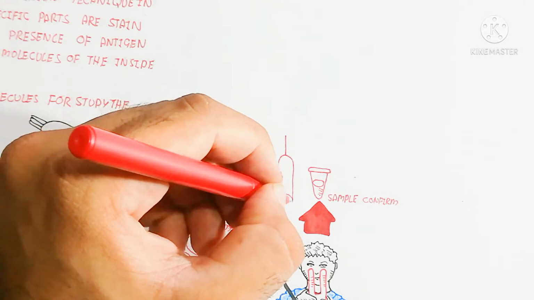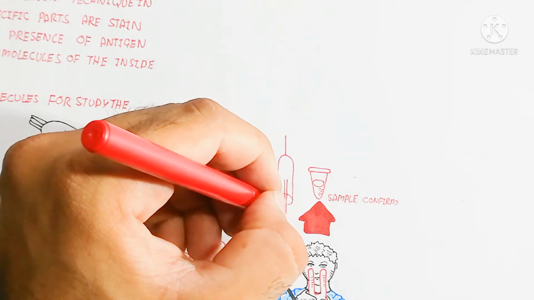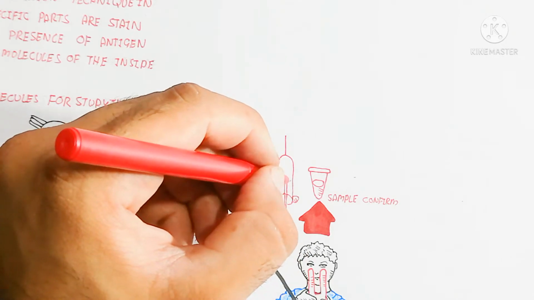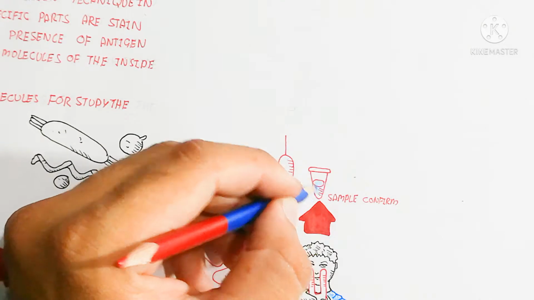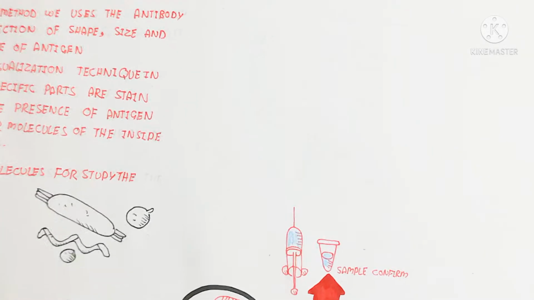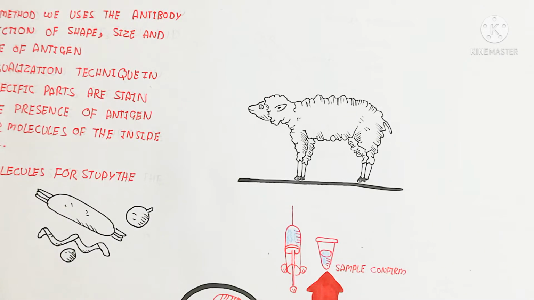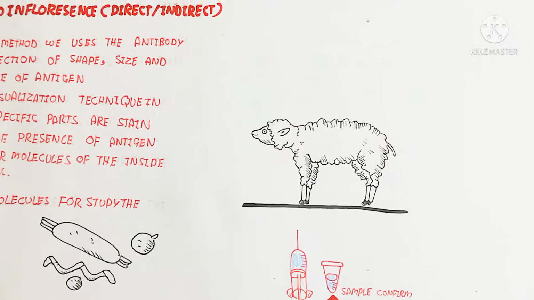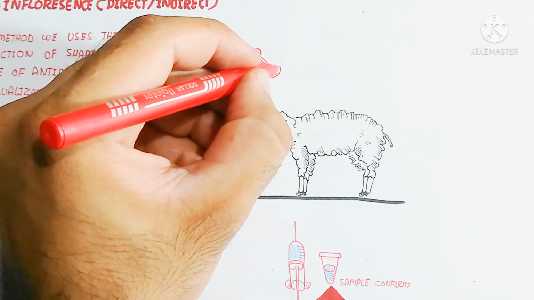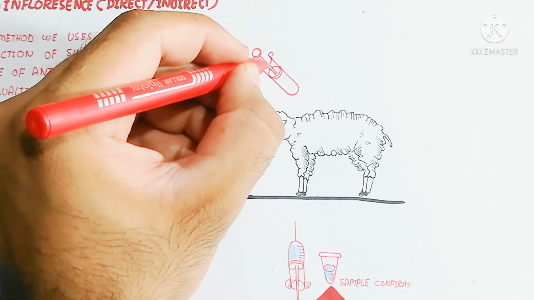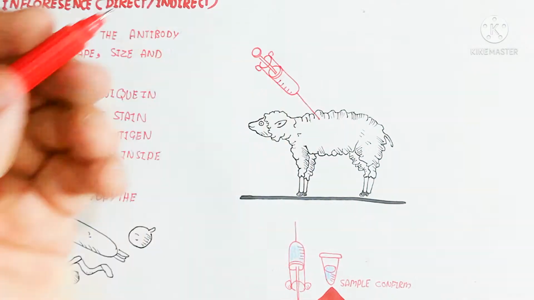After this injection into the animal, the mitochondria will create a disturbance in the animal's body. So the animal body will produce antibodies against the mitochondria, and after production, the antibodies are present in the animal's blood. Remember that.